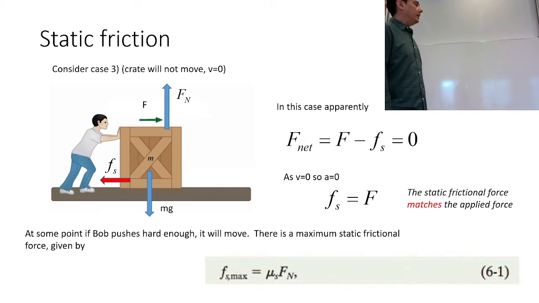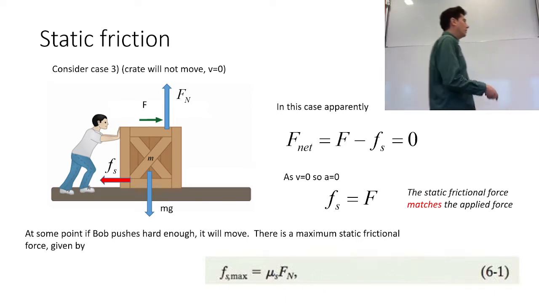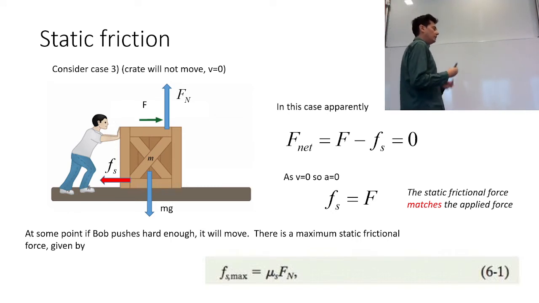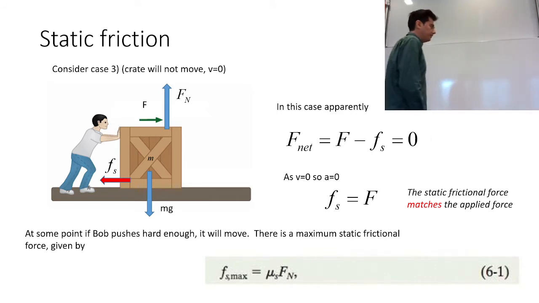Essentially it's the force that counteracts any force trying to move it. So this guy here is trying to push on the box, but it doesn't move because there's a static frictional force applied in the opposite direction.